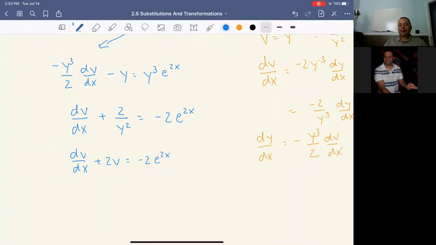Now, to solve this, we could solve it easily with an integrating factor. Not a special integrating factor, but just the integrating factor technique from week 1 that we did.